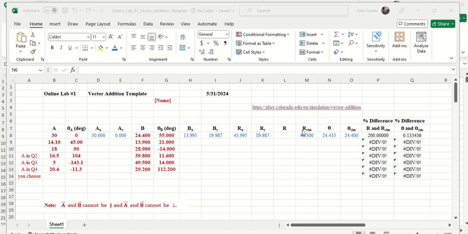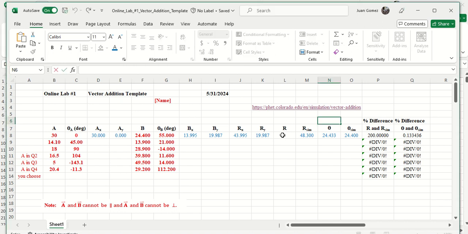Okay, now I need to calculate the magnitude of R. This is the L column, and compare it to the simulation R. Well, remember, what is the magnitude of R? It's the Pythagorean theorem. So, equals, space, it's the square root of Rx squared plus Ry squared. So do equals, parenthesis, and then Rx is J8, so it's going to be another parentheses, J8, close parentheses, the caret symbol, and then 2.